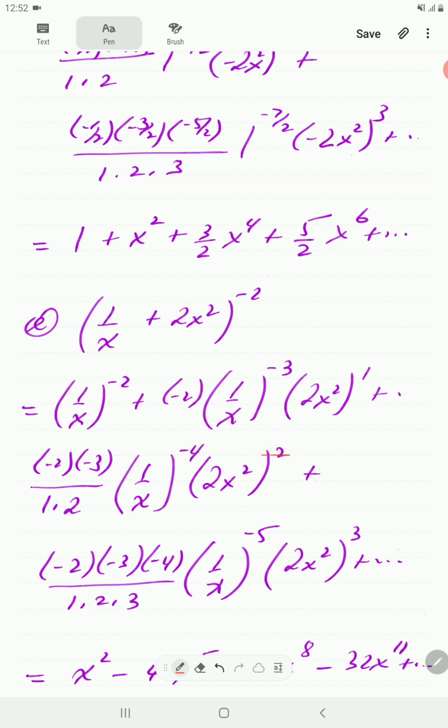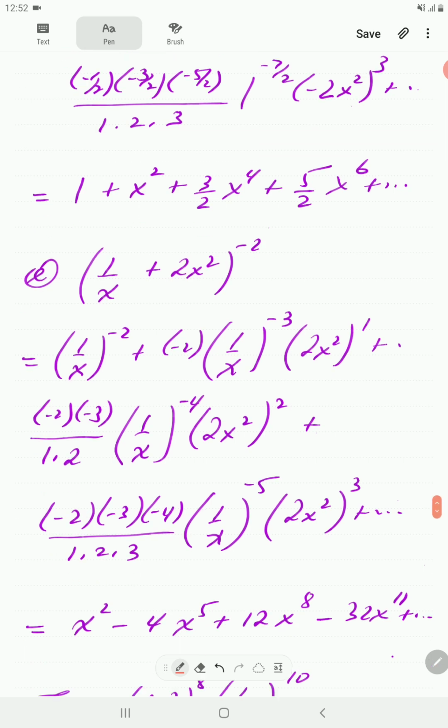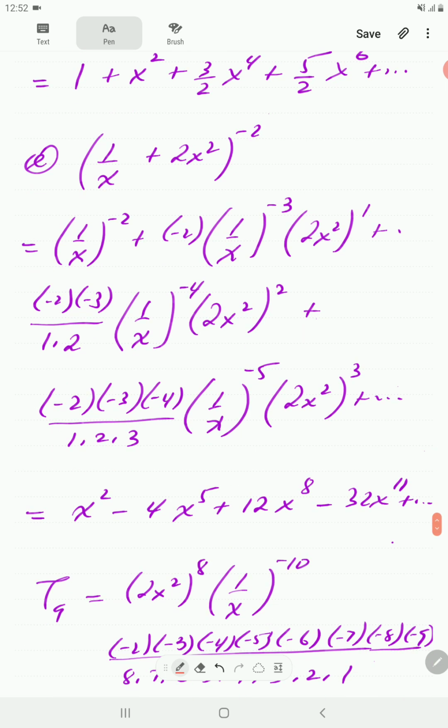Notice that the power of b always corresponds with the factorial of the denominator here. So then 2 terms there. And then this power is now 3. It's going to be 3 factorial. 3 terms there. Again, if we simplify here, it's going to give us x squared minus 4x to the power 5 plus 12x to the power 8 minus 32x to the power 11.